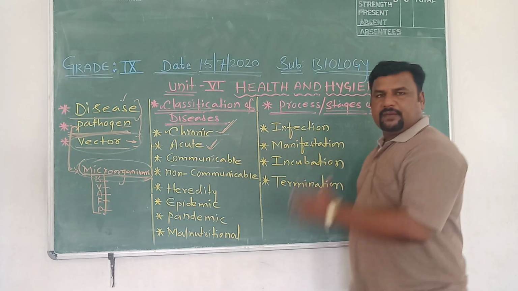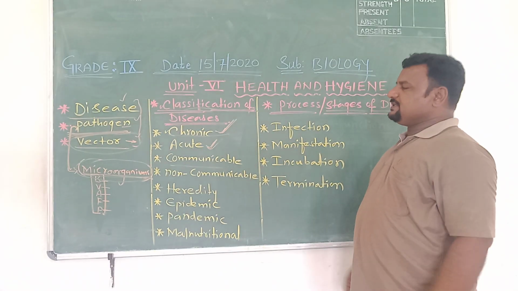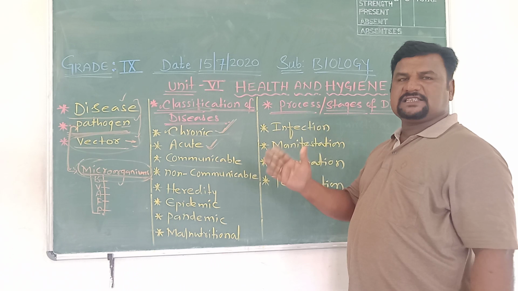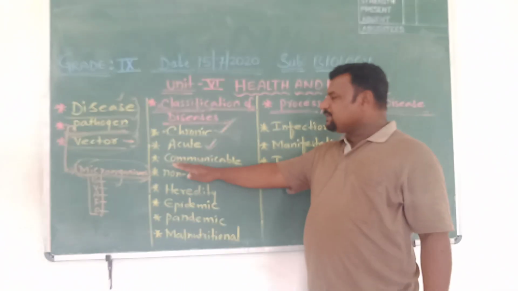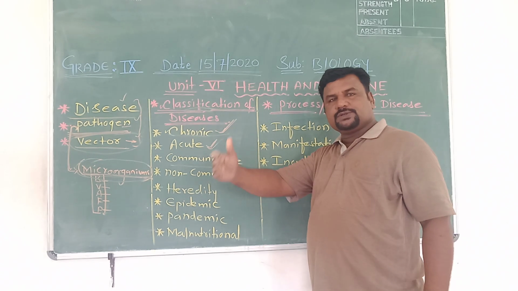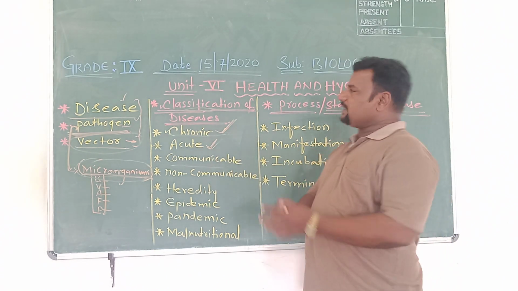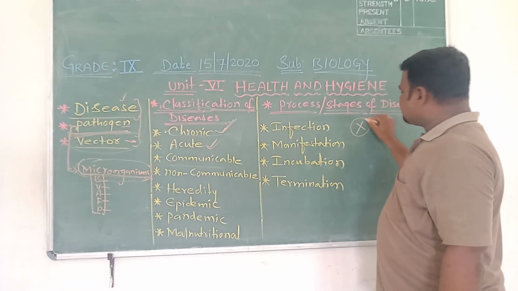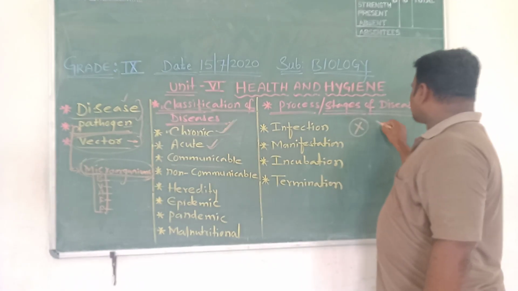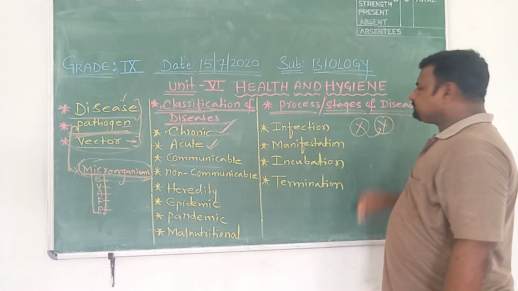Next, communicable disease. What do you mean by communicable disease? It is a disease which can transmit from an infected person to another healthy person. For example, individual X has some disease and person Y comes in contact with him.